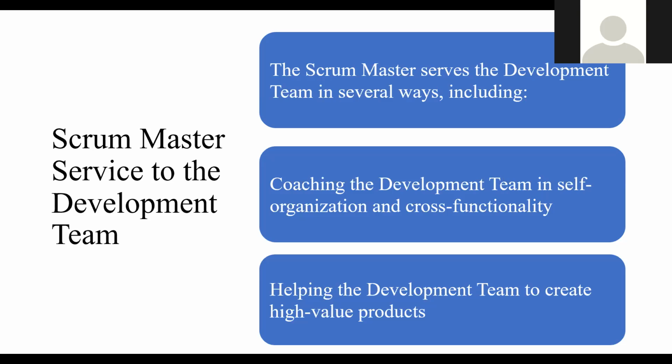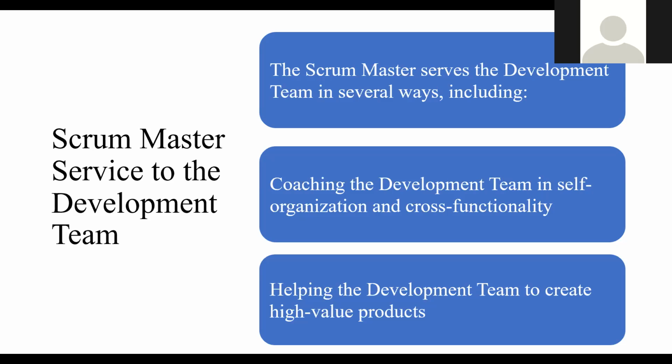The whole team is responsible for the delivery rather than an individual, and for that reason, having a T-shaped team is extremely important. So he coaches the dev team in self-organization and cross-functionality. It's not his duty to train them, but to coach them. The Scrum Master also helps the dev team to create high-value products.